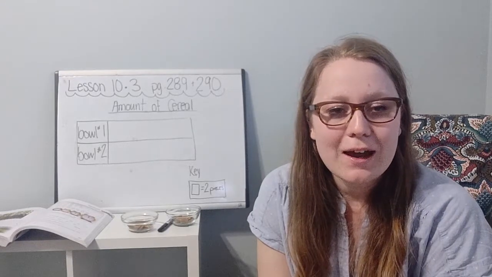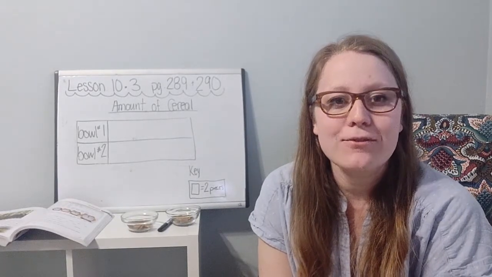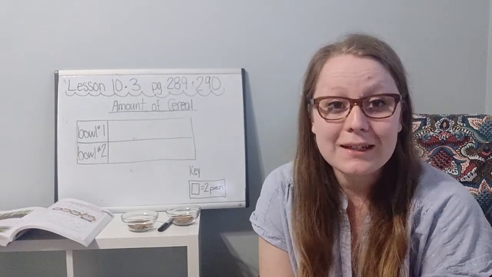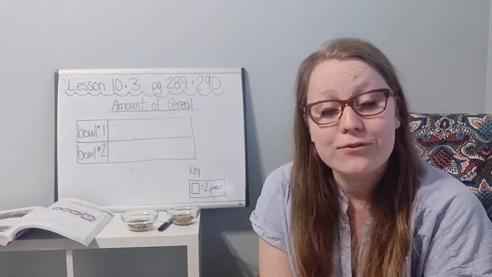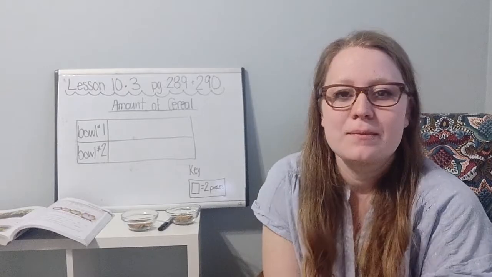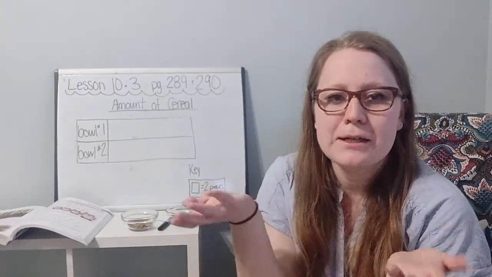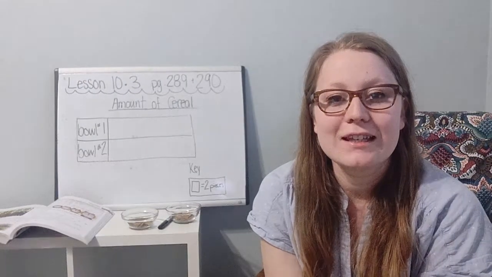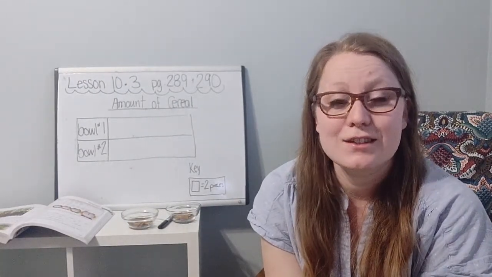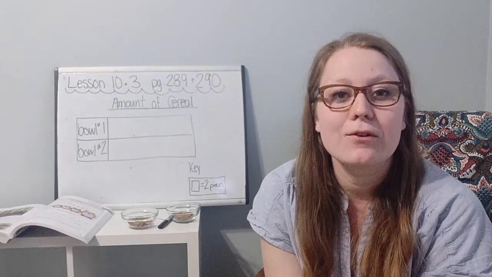So a pictograph is a graph that uses pictures to help us organize our information. So pictograph, it's a picture graph, okay? What I have here is the start of a pictograph.